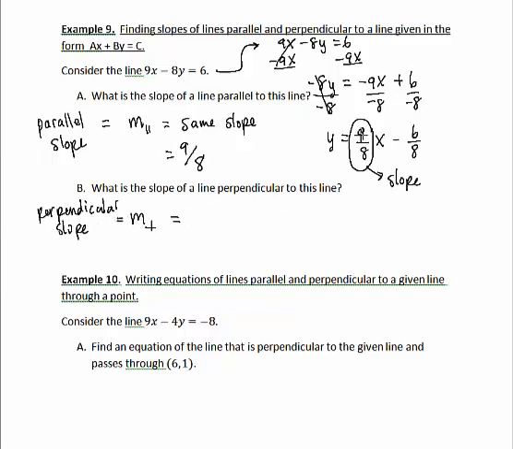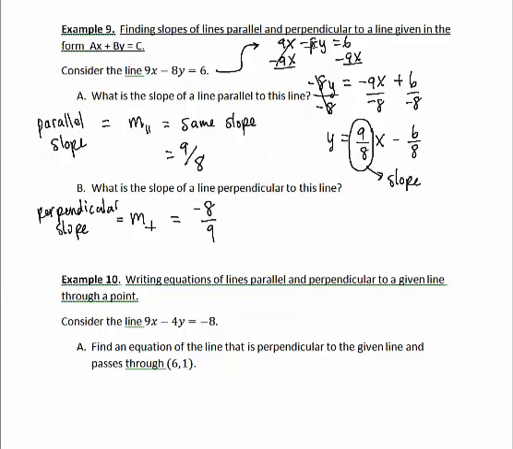It's the negative reciprocal of the original slope, and so we would write negative 8 over 9. Our slope was positive, we changed the sign, and then we swap the numerator and denominator and write 8 over 9.